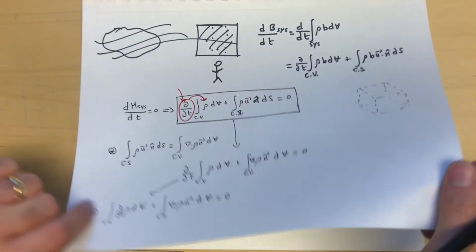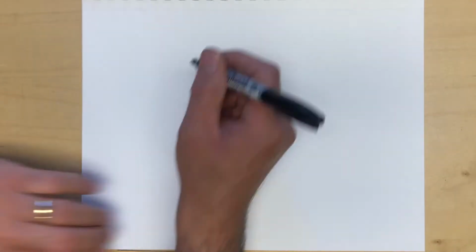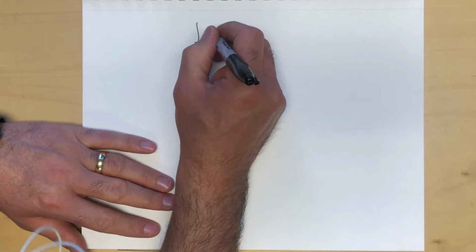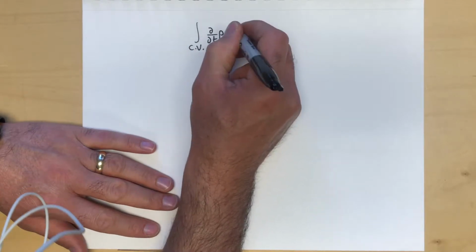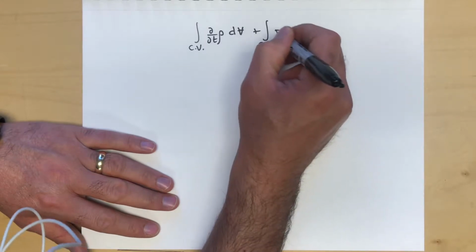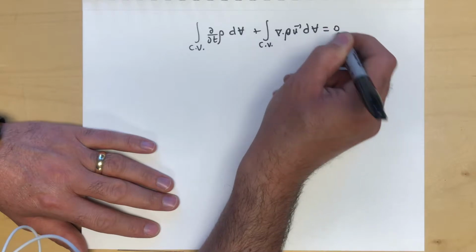Now the next step is to simply take that, so I'm going to write it here again. The integral over the control volume of partial rho/partial t dV, plus the integral over the control volume of div rho u dV, is equal to 0.